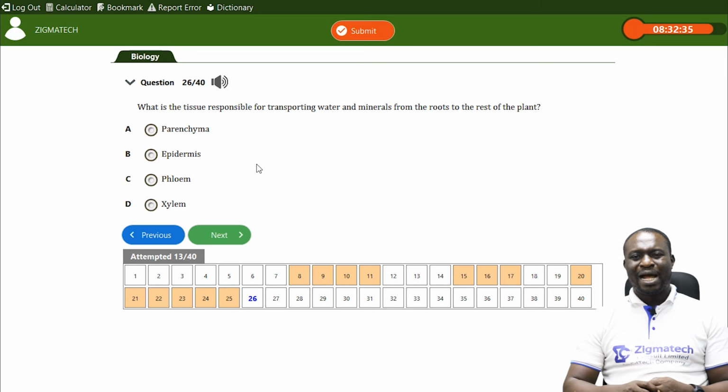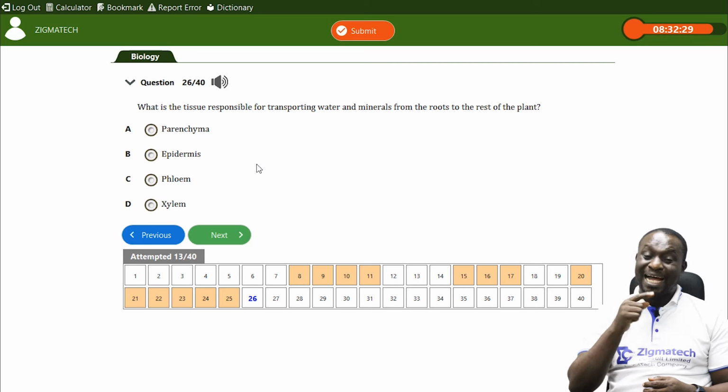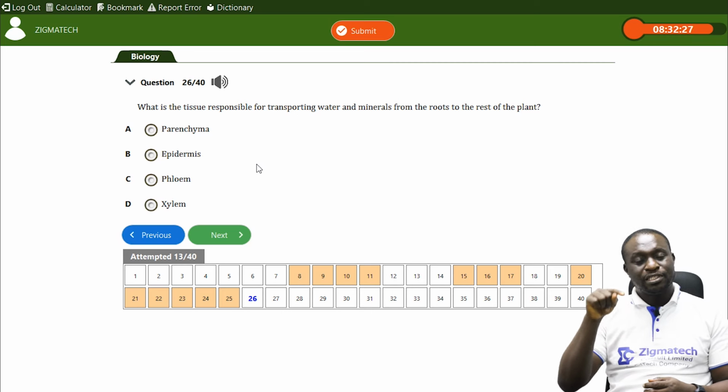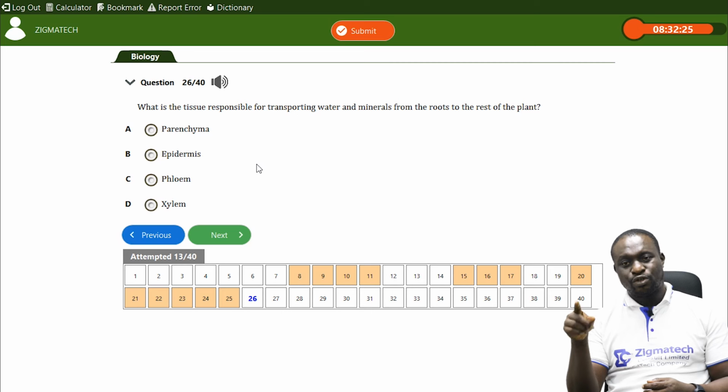Now, phloem and xylem are transport tissues in plants as well as supporting tissues in plants. So they carry out supporting and transport. That's C and D, phloem and xylem.